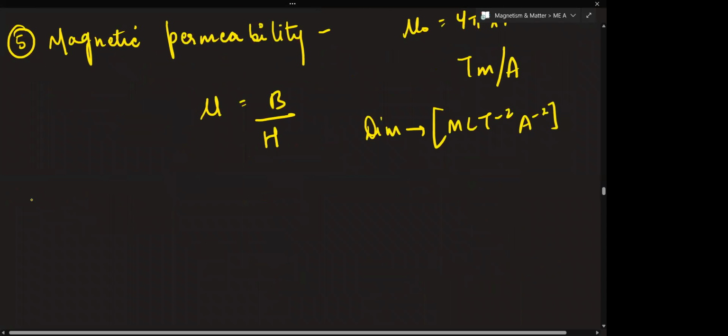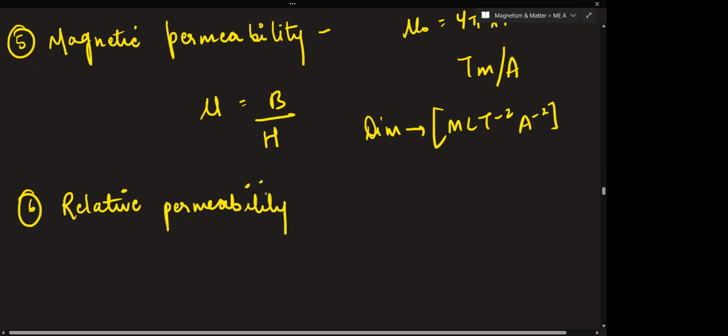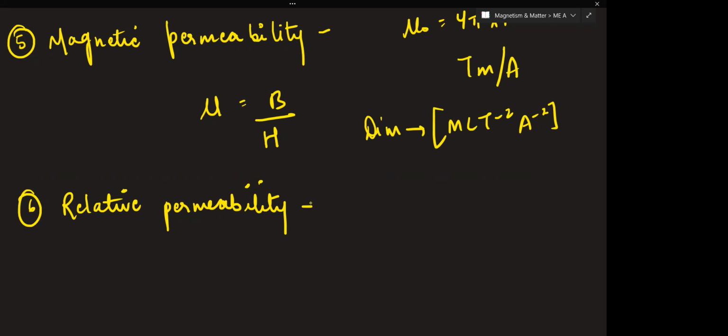You have one more relatable term to it, which is known as relative permeability. This term is known as relative permeability. So, relative permeability is basically in comparison with other materials, like permeability of various magnetic substances can be compared with another in terms of relative permeability. Like if one medium is air, other medium can be glass, other medium can be water.